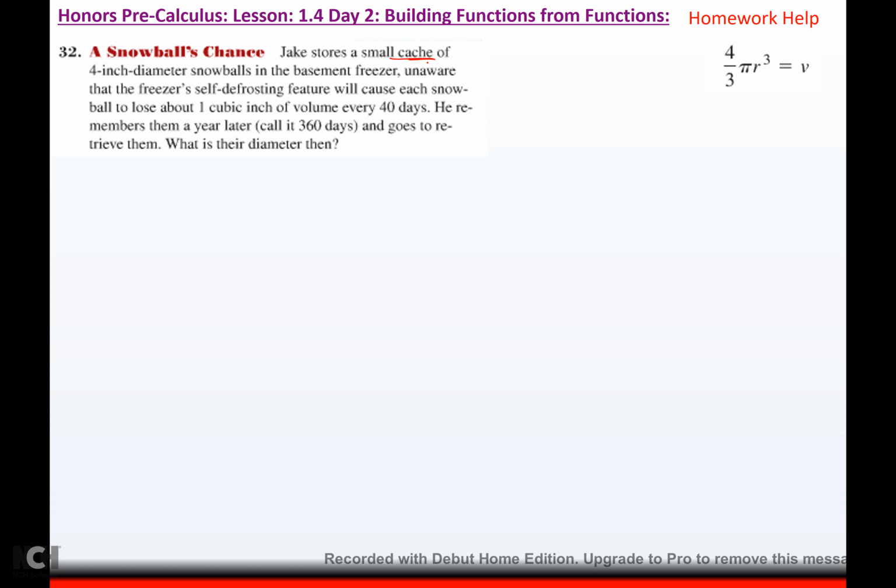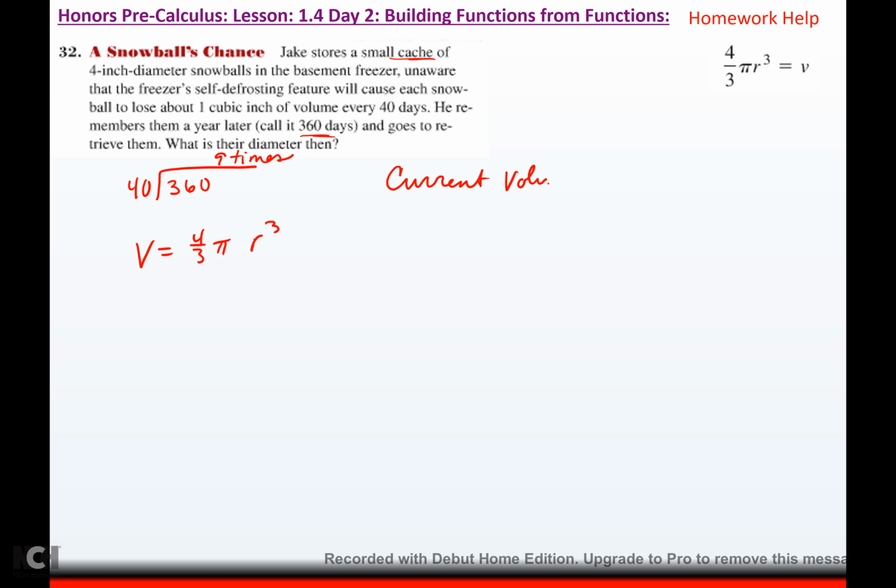Well, first of all, you have to figure out how many times 40 goes into 360, because every 40 days something happens. That would be 9 times. My formula for volume is 4/3 pi r cubed.